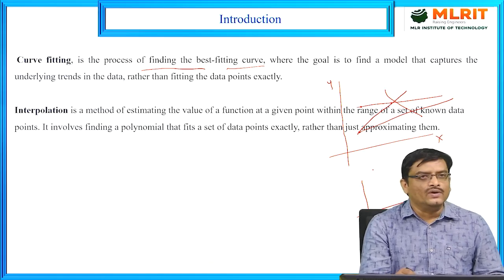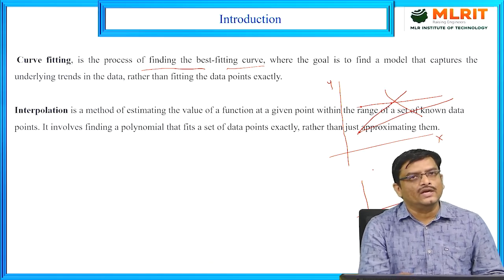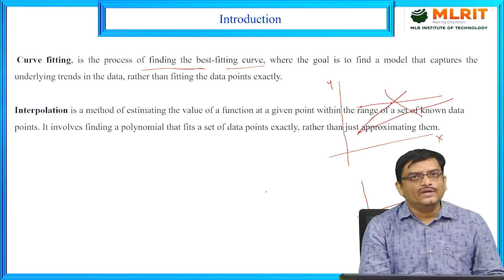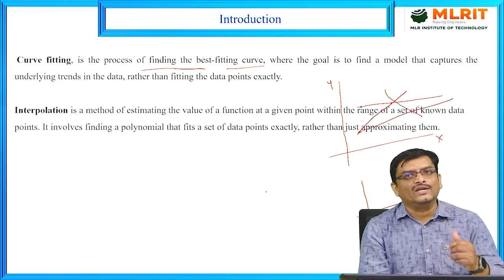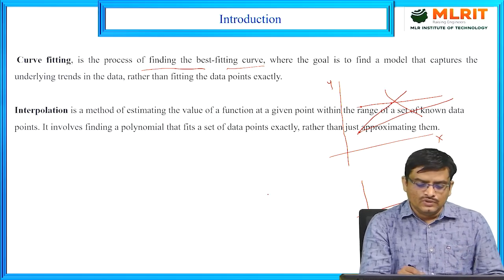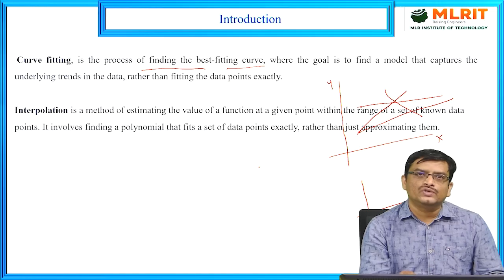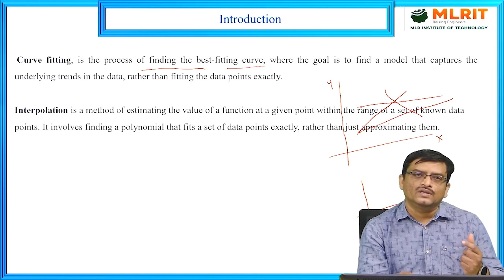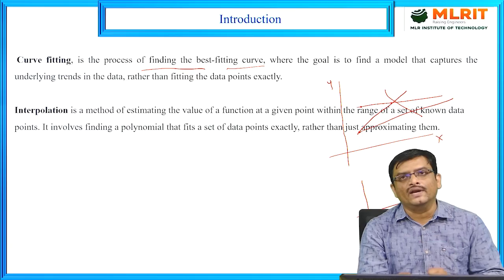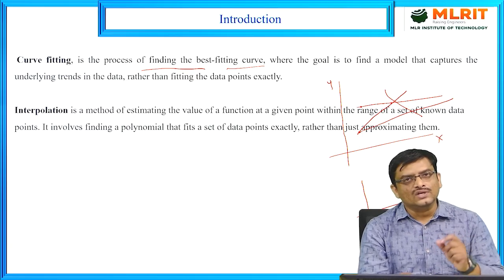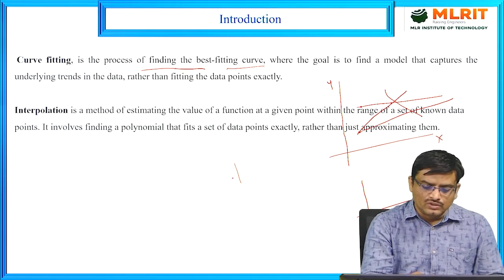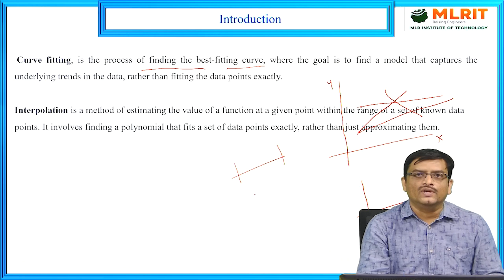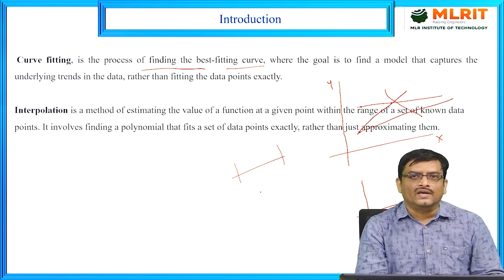In the previous videos we have discussed interpolation, and we have seen how to derive the interpolating polynomial. So the interpolating polynomial is also an equation or a relationship between the dependent variable and independent variable. So from this also we are going to get some polynomial equations for the given data here.